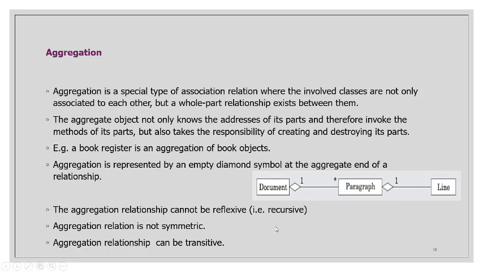Next, the aggregation. Aggregation is a special type of association relation where the classes are not only associated to each other, but a whole-part relationship exists between them. Here, aggregation means it should not be a part of a class, that is, only some attributes of a class are not associated with other classes.